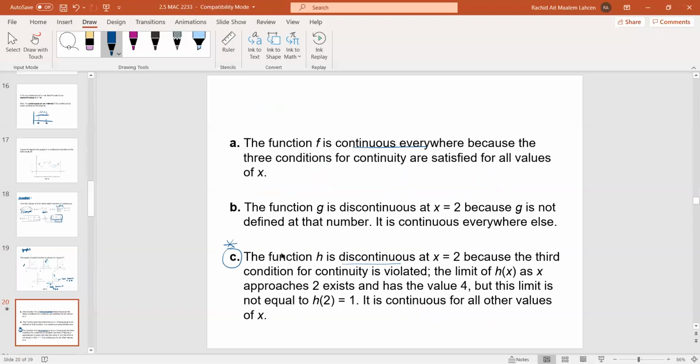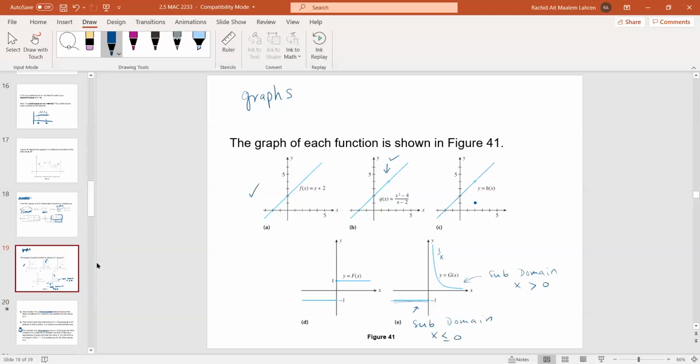The limit exists. So if somebody asks you what is the limit of h of x as x approaches 2, you're going to do left and right and you're going to find out it's 4. But what is h of 2?